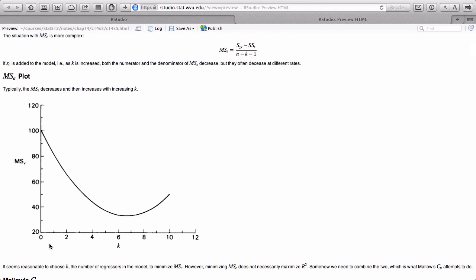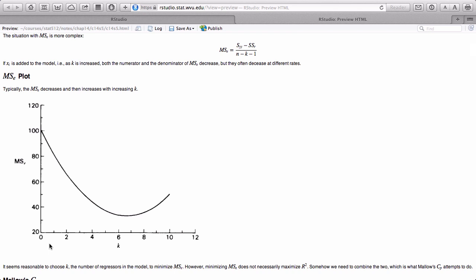But you still decrease, in other words, the numerator, SS sub r, may barely increase, yet the denominator, the k, increases by 1 unit. So at some point the denominator may be getting smaller more quickly than the numerator, in which case you could start increasing again.